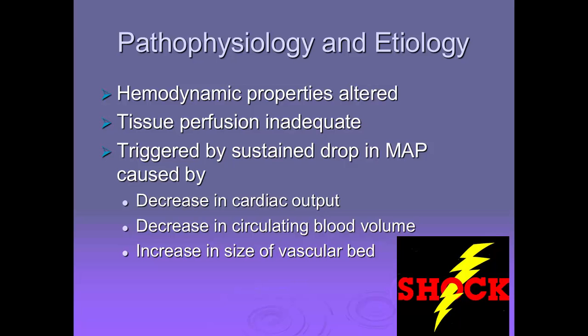These are triggered by a sustained drop in the mean arterial pressure. This is caused by a decrease in cardiac output, a decrease in circulating blood volume, or an increase in the size of the vascular bed as a result of peripheral vasodilation. And so all of these are things that occur in shock.